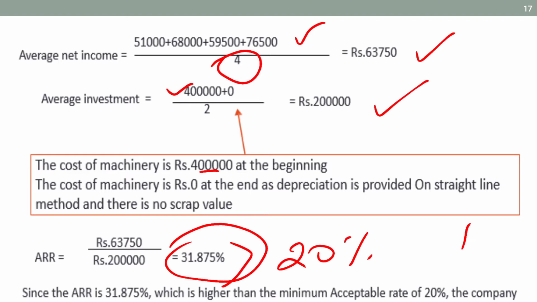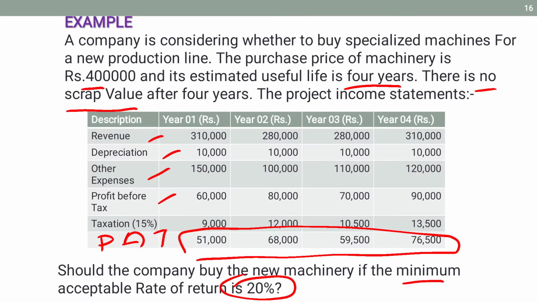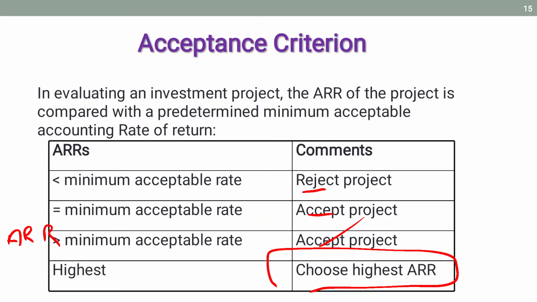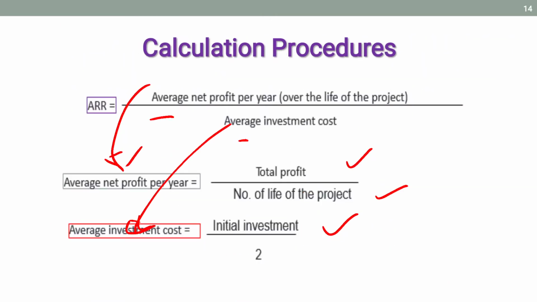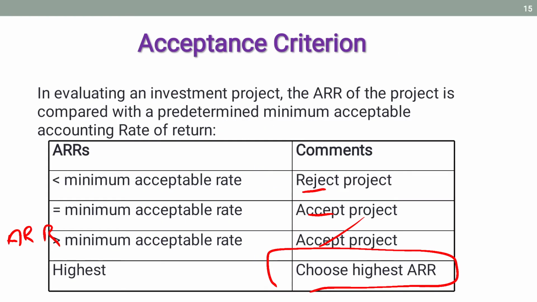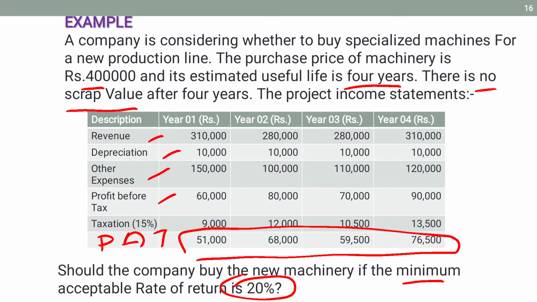Since ARR is 31.875, which is higher than the minimum acceptable rate of 20%, you can accept the project. This is ARR. Again, in the ARR, you are taking the accounting profit, the average net profit, right?